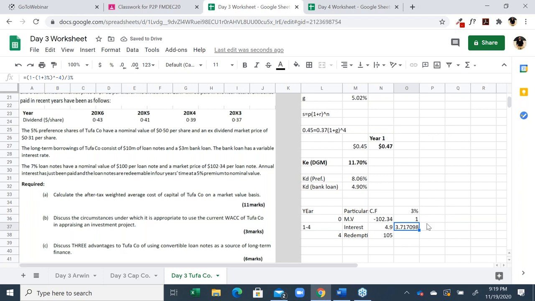That gives 3.7. And here we have to use the discount factor because it's a single payment: 1.03 raised to the power minus 4. And then we need to calculate present values at this rate.